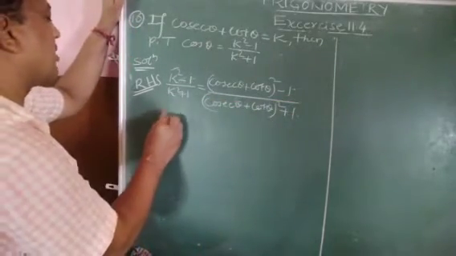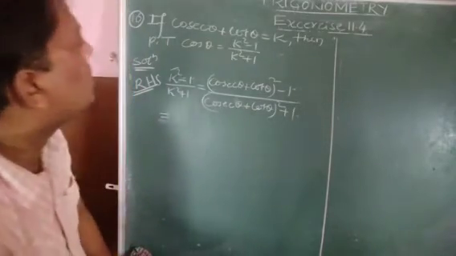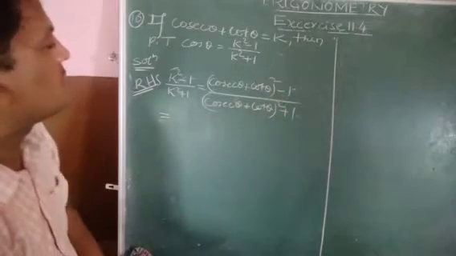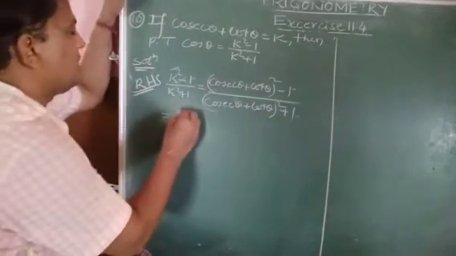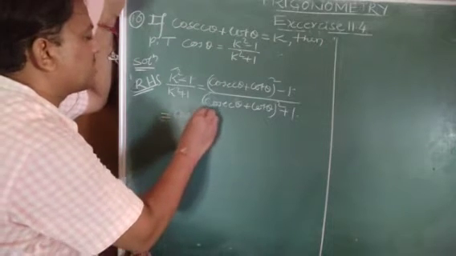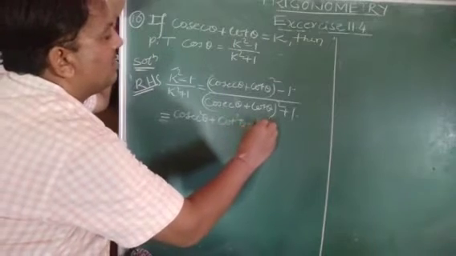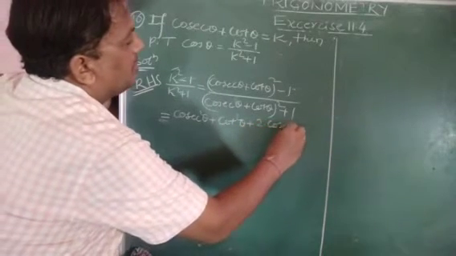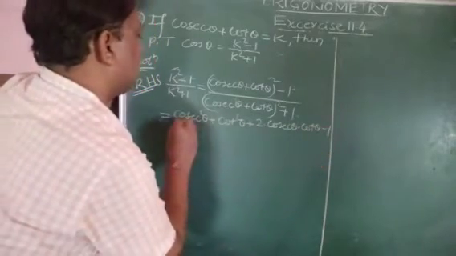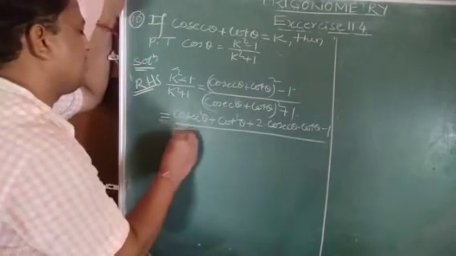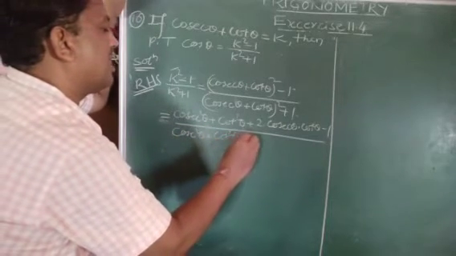Now think of what can we do after this. What can we do? A square minus B square. No other option children. Just we have to expand it. So expand it. Cosec square theta, A square plus B square plus 2 into A into B minus 1, divided by A square plus B square.